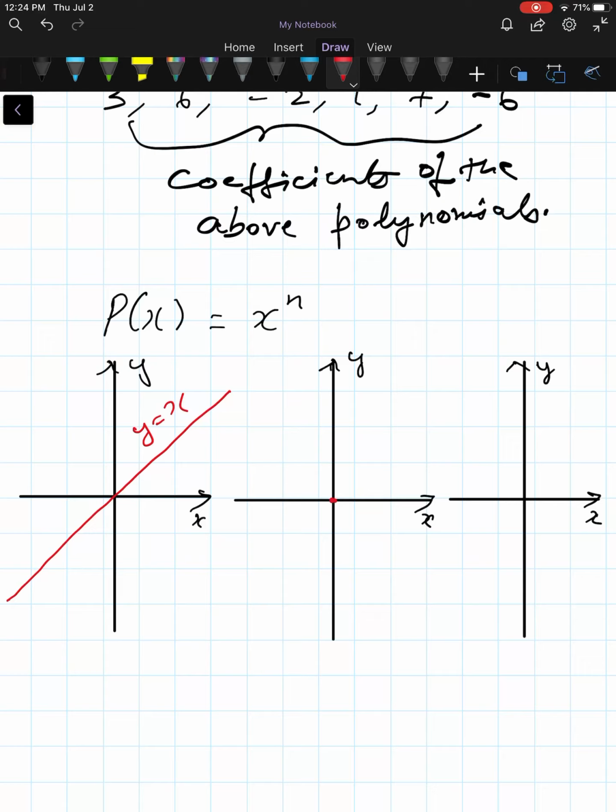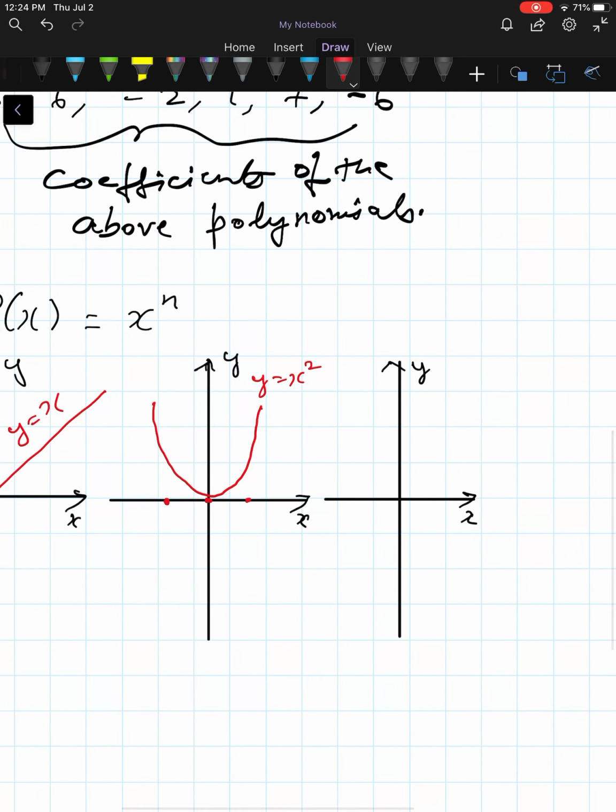And if you have a parabola, its width will be between. My curve looks like a bent rod, but this is y equals x squared.